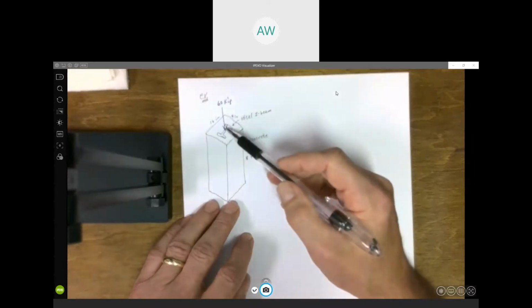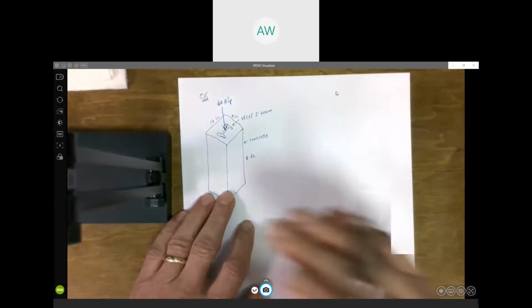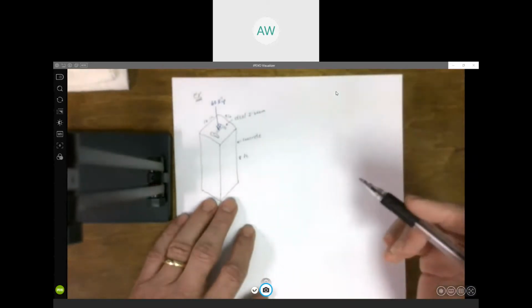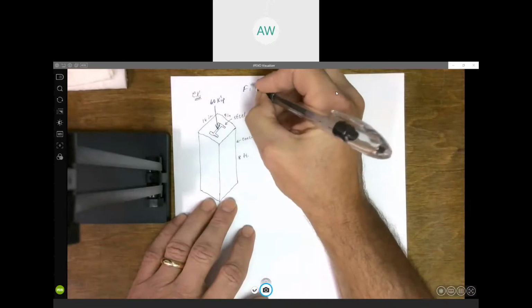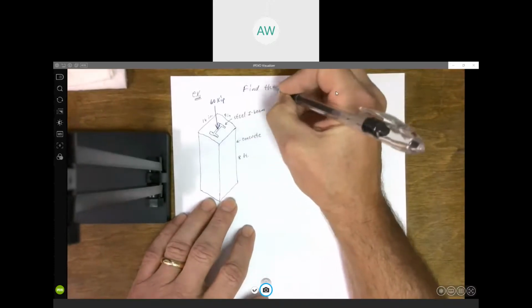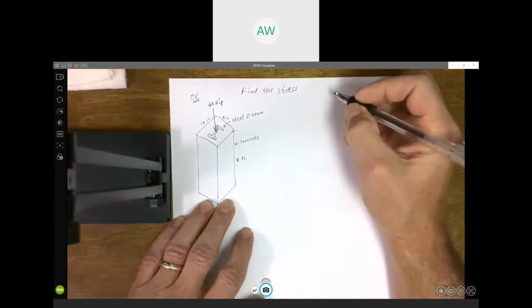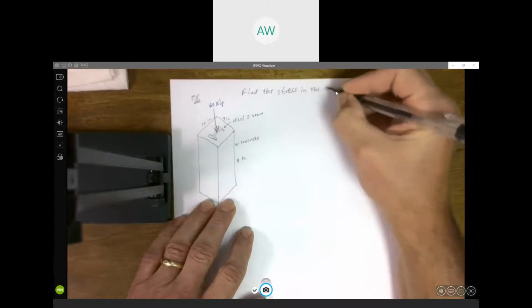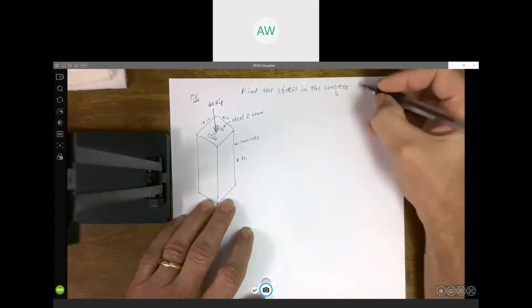The resultant of that is 60 kips. And we put it right at the center, at the centroid, to avoid any bending. And so we want to find the stress in concrete and steel.